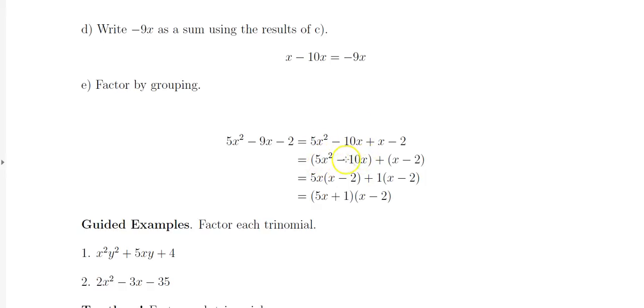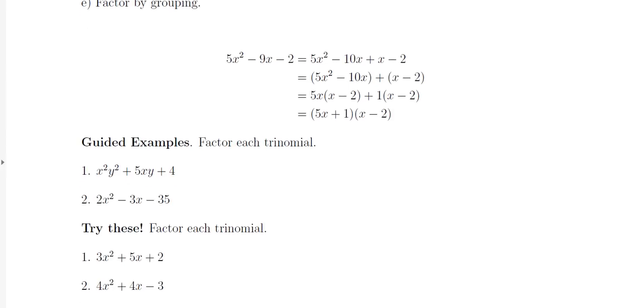Then I'm grouping the first two terms and the second two terms. From the first two terms, 5x is a common factor: 5x is multiplied by x minus 2. And the second two terms only have a common factor of 1. So I see that 5x plus 1 is multiplied by x minus 2. And that's the factorization of the trinomial into two binomial factors, and that's what we're looking for.